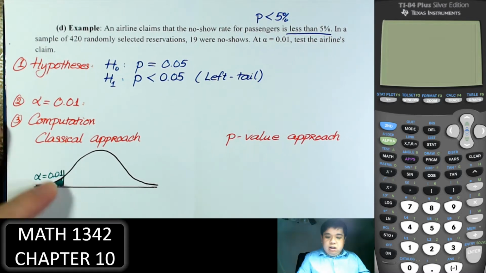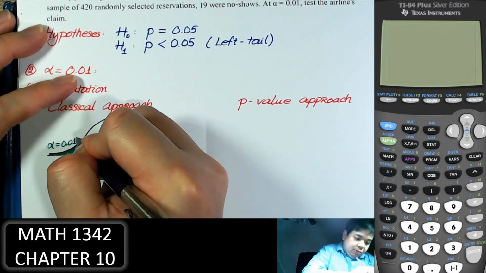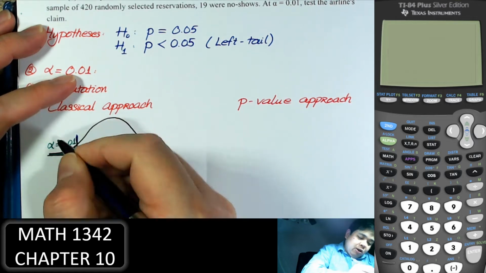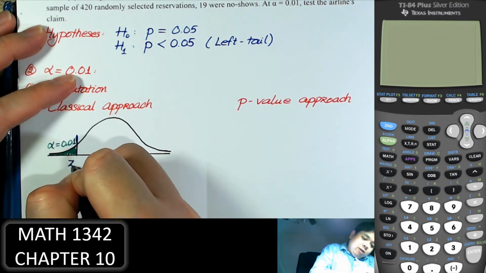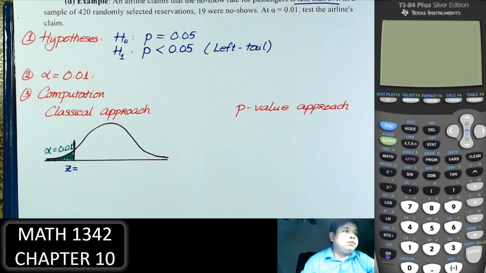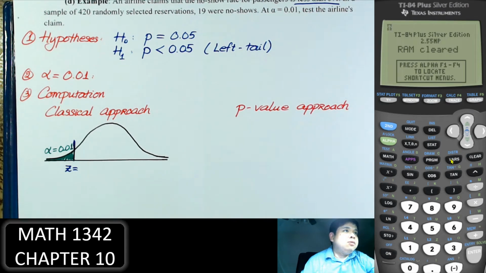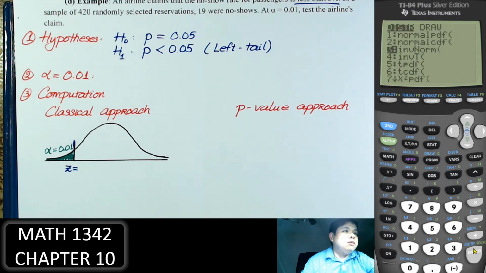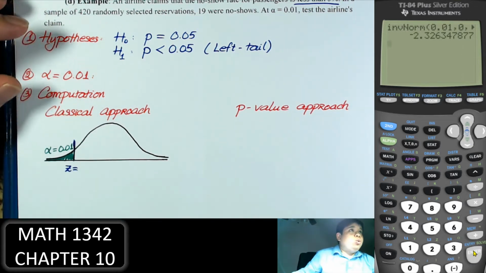So I will find the threshold here, the value corresponding to this, which is inverse normal of 0.01, and that gives us negative 2.33.